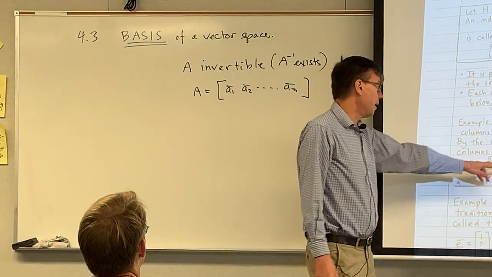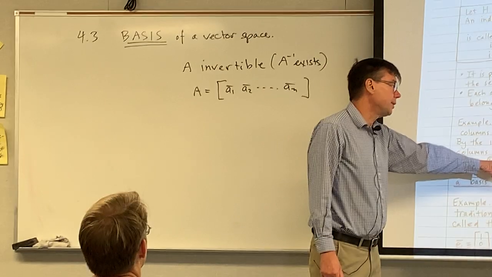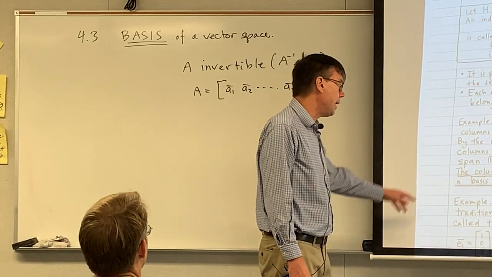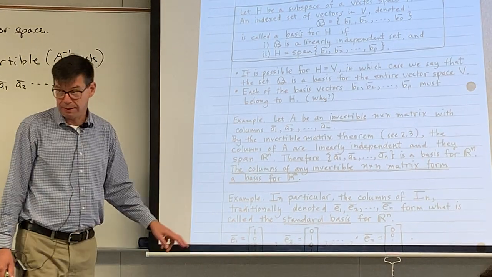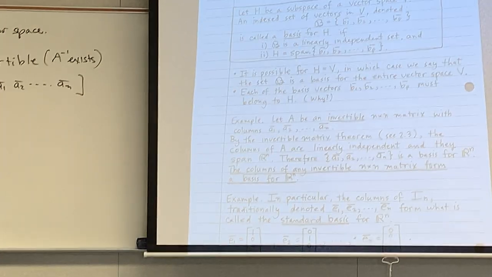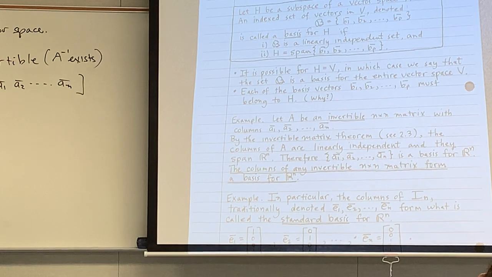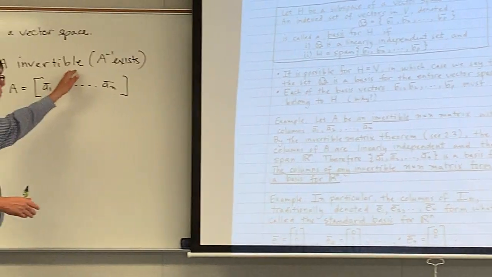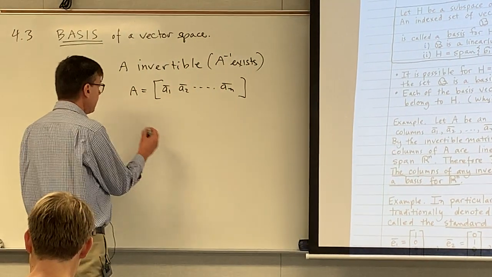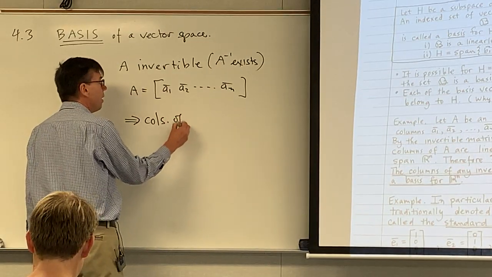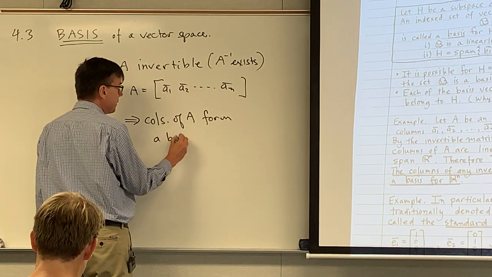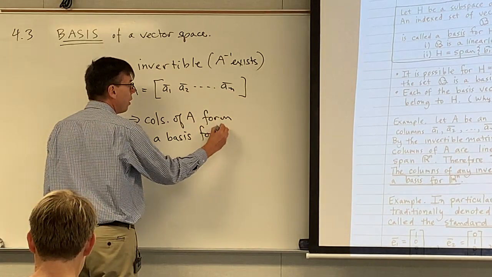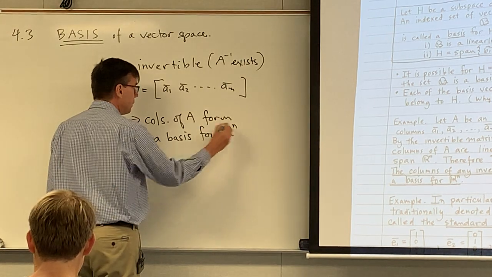And another item on that list of equivalences is that the A1 through AN set, they actually span Rn. So we can pull two items from that invertible matrix theorem when you have the columns of an invertible matrix. And what that implies is the columns of A form a basis for Rn.